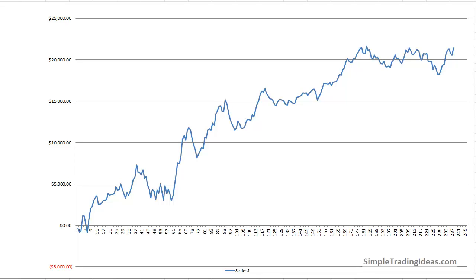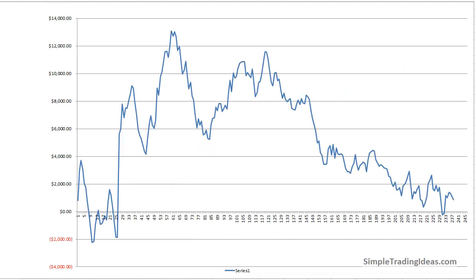Now let's take a look at another example and why this can make so much sense in your trading. So now we're looking at a system that I traded, and I'll tell you exactly what happened here. It started off sporadic, but it did show some promise. It came down to a drawdown here that wasn't quite 50% of the equity.